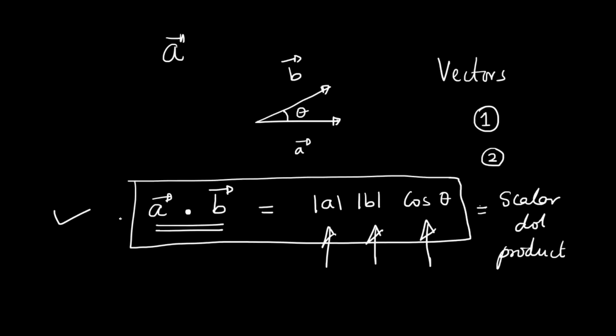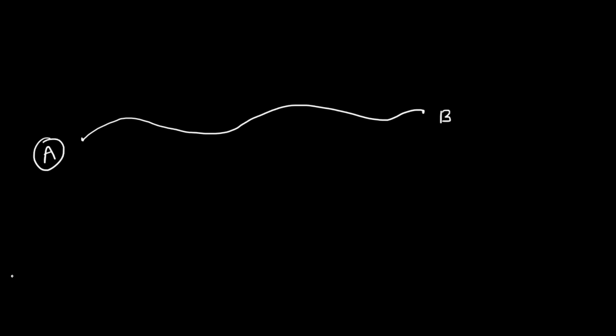You are already convinced that this product is useful. For example, if you have a path from A to B, as we have done in the Work-Energy theorem, you break up the path into some finite number of pieces, and you can make smaller and smaller pieces and add up all the work.